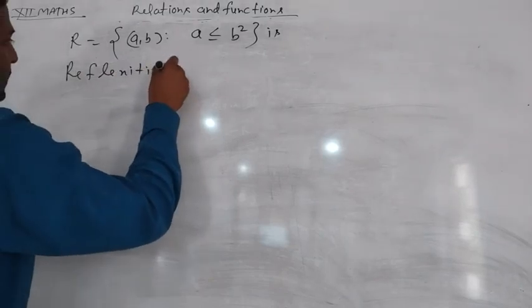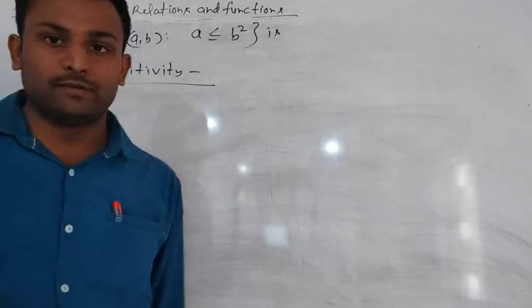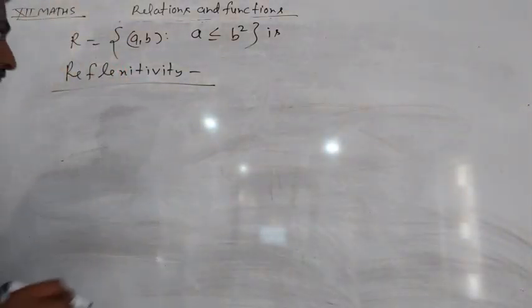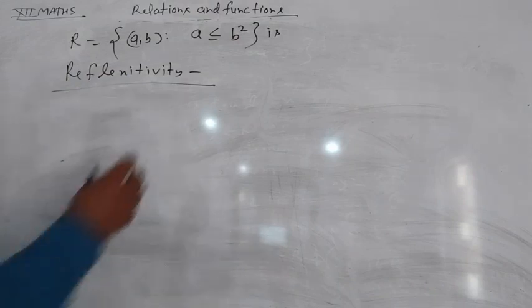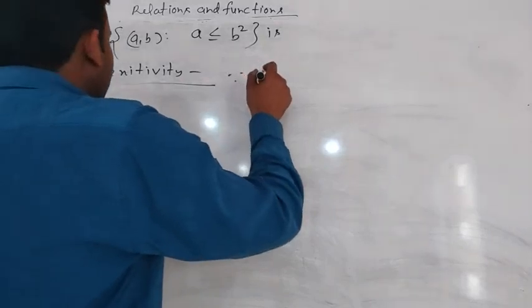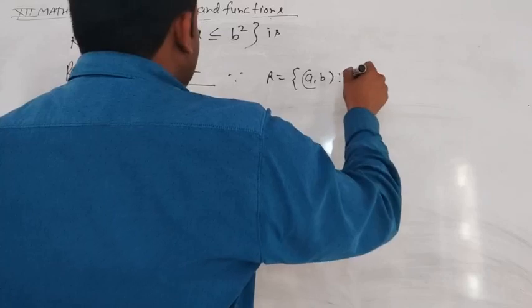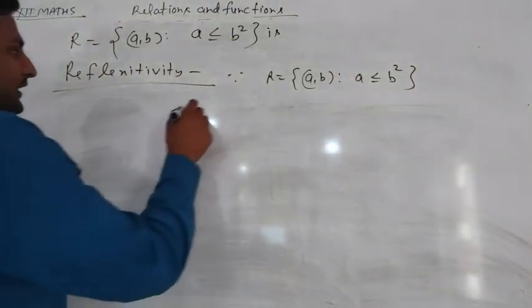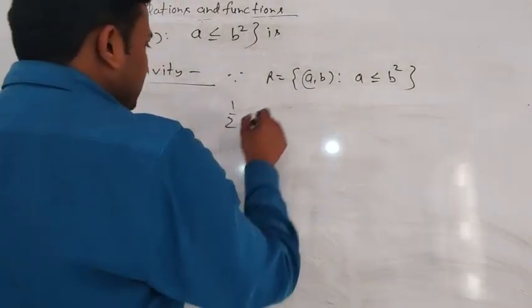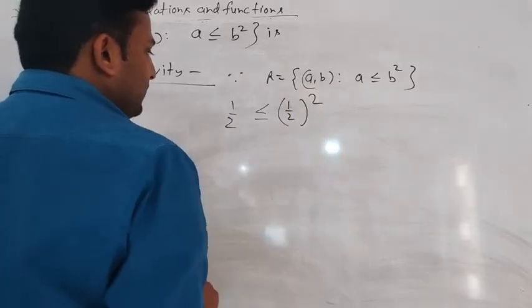Okay, students, so in this question first we check its reflexivity. So we take an element and check whether it satisfies the relation. Since R is (a, b) such that a ≤ b², we are taking 1/2, which should be less than or equal to (1/2) squared.